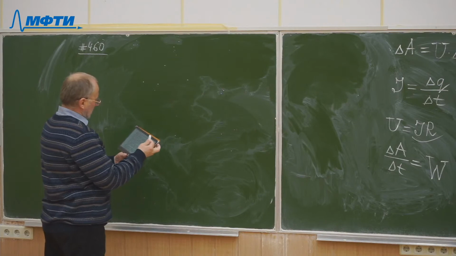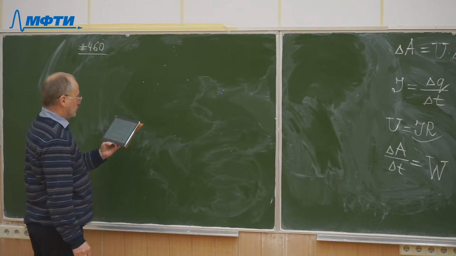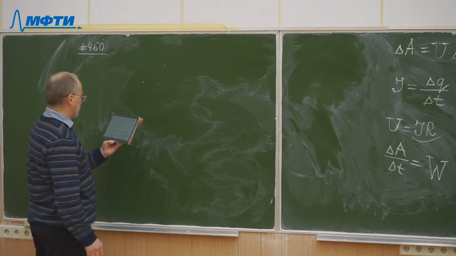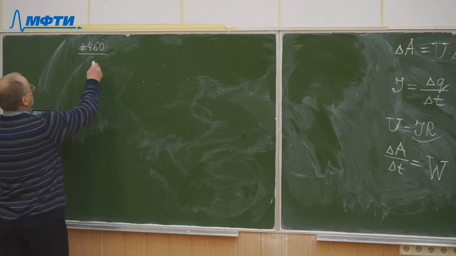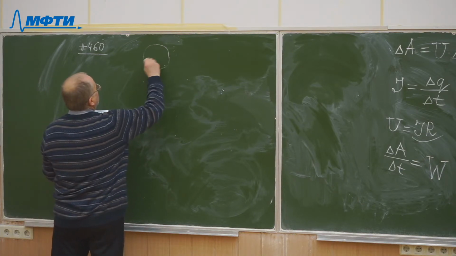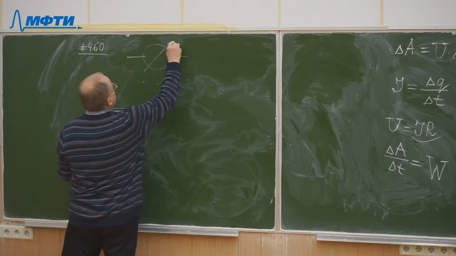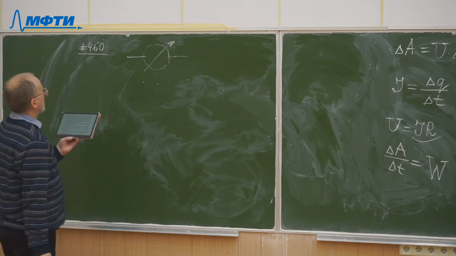And it says, what resistance R should be used to shunt a galvanometer with an internal resistance. So we have a galvanometer that is a device to measure small currents.